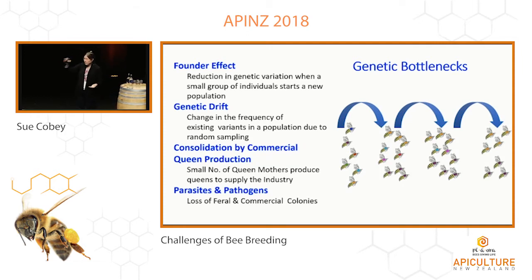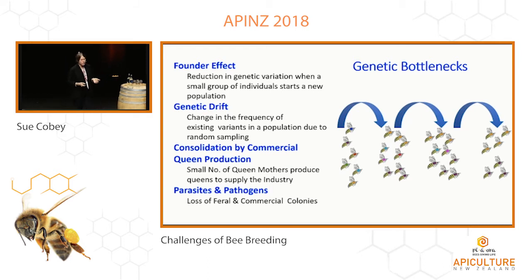Then you've got parasites and pathogens taking colonies out, which on some levels, hopefully, are taking out the more susceptible ones, but that's another loss. In the US, we pretty much lost our feral population, and that was contributing to the gene pool. Commercial queen producers, there would be some contribution from those drones in open mating.